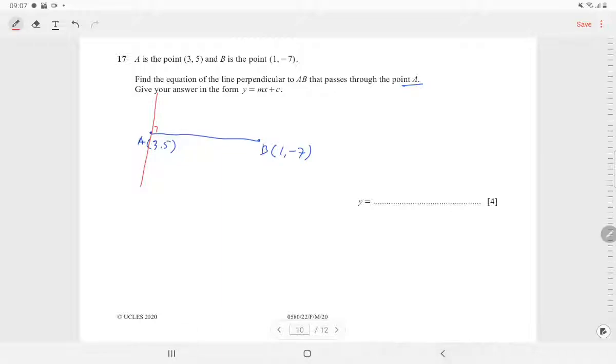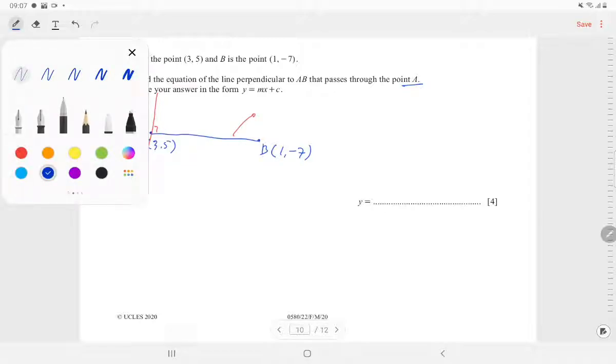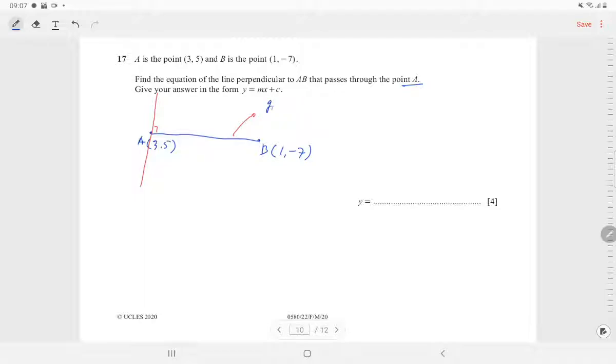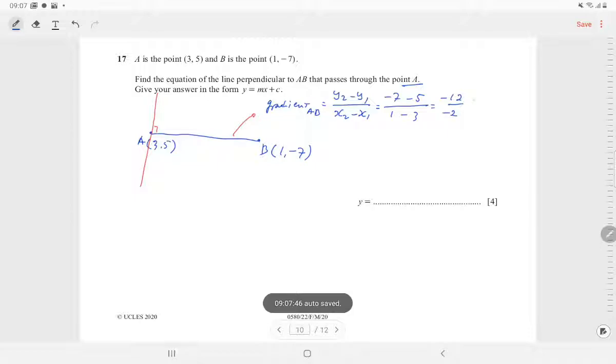The first thing we have to do is find the gradient of AB. Remember, y2 minus y1 over x2 minus x1. So we have -7 minus 5 over 1 minus 3. So this is negative 12 over -2, which is 6.